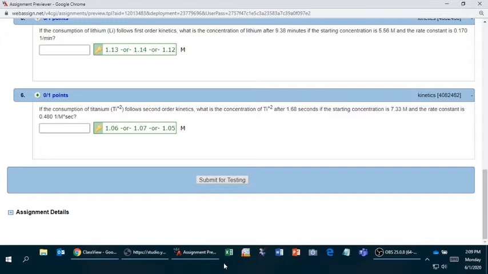So the question asks, if you have titanium plus 2 consumed by second order kinetics, what is the concentration of Ti+2 after 1.68 seconds? If the starting concentration is 7.33 molar, and the rate constant K is 0.480, 1 over molarity times seconds.